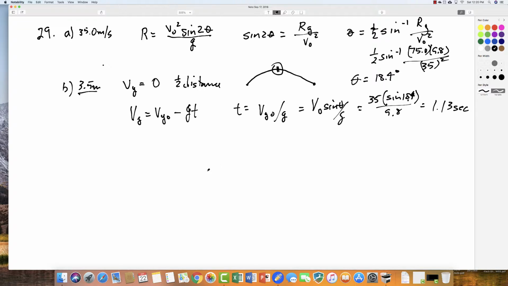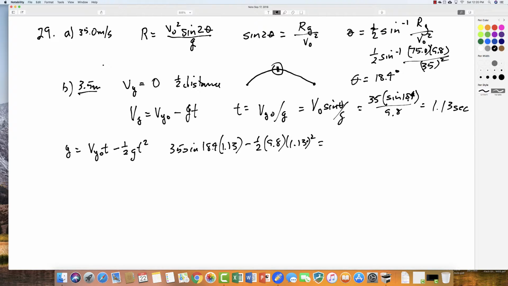And then the distance, y, is equal to Vy0 t minus 1/2 gt squared. And if you put the numbers in, it's going to be 35 times sine 18.4 times 1.13 minus 1/2 times 9.8 times 1.13 squared.